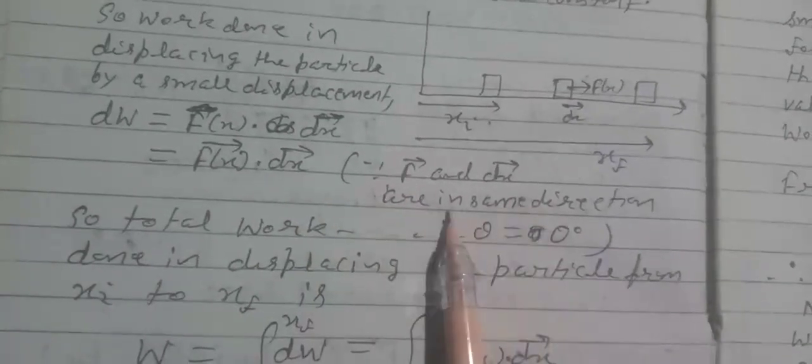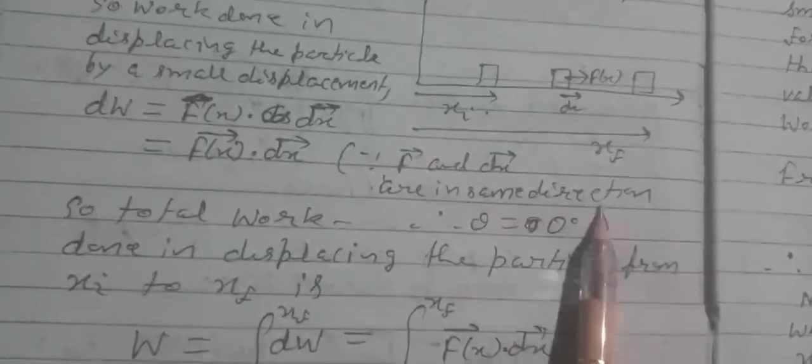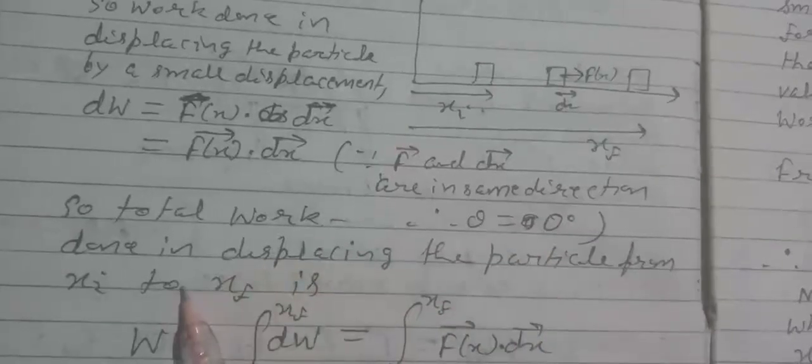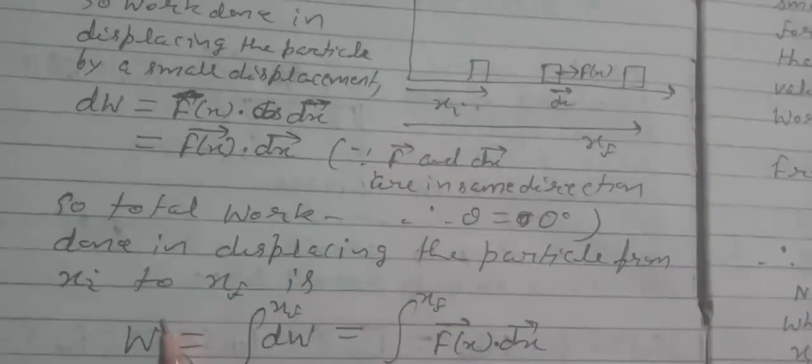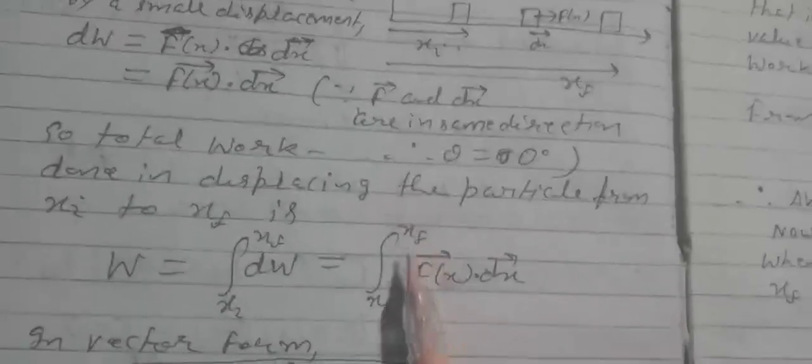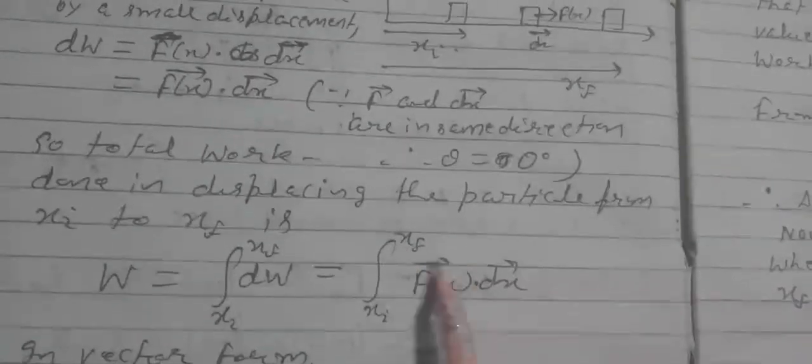Now since F and dx are in the same direction, theta equals 0 degree. So total work done in displacing the particle from xi to xf is W equals integration xi to xf dW equals integration xi to xf Fx dot dx, where xi is the initial displacement and xf is the final displacement. We have taken the limit.